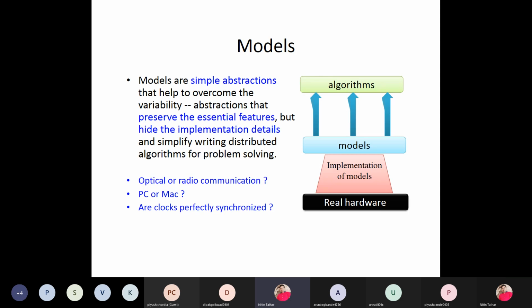The models are a simple abstraction, and it hides everything actually. You will not be able to identify what exactly is inside the system. Everything is so smooth that the end user is not aware of anything inside the system. So this is an abstract model of the distributed application.